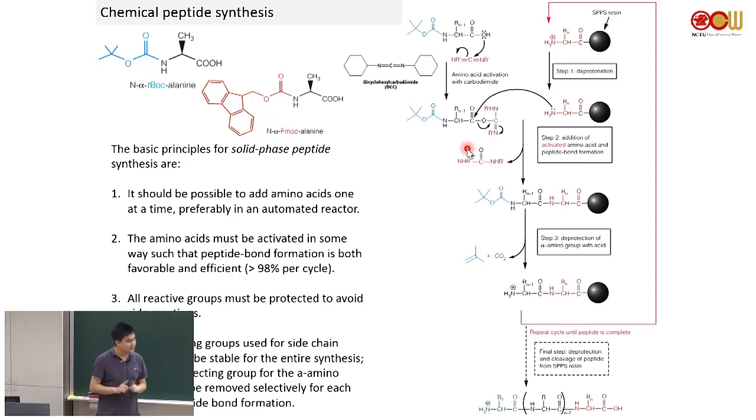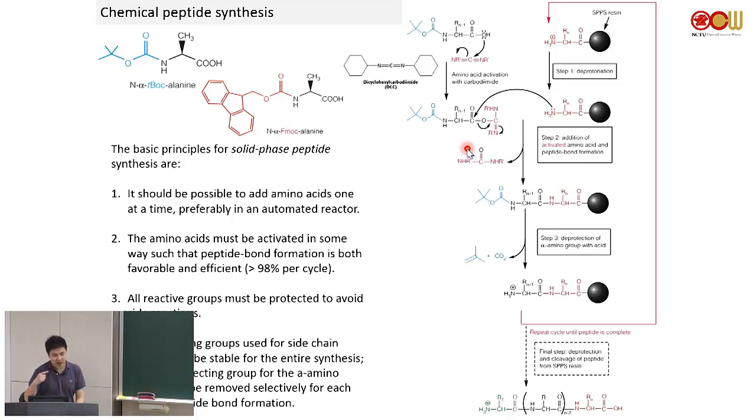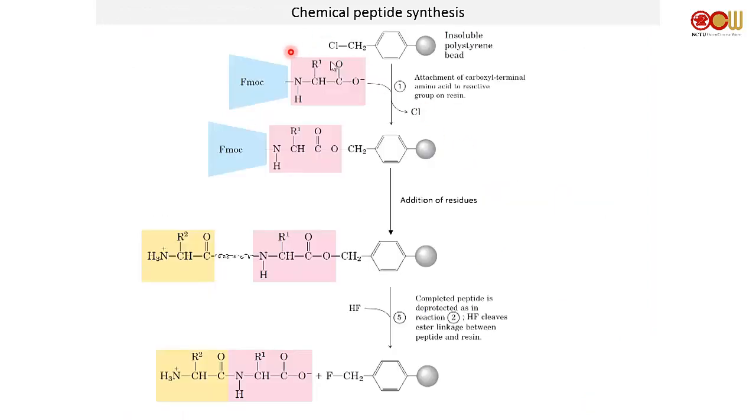Okay, I want you guys to think about that. Think about how you can add one base at a time. How come you don't just keep on adding alanines onto the same bead? Okay, think about that.